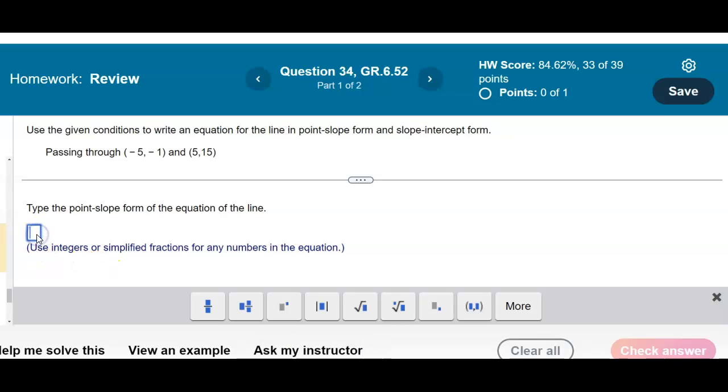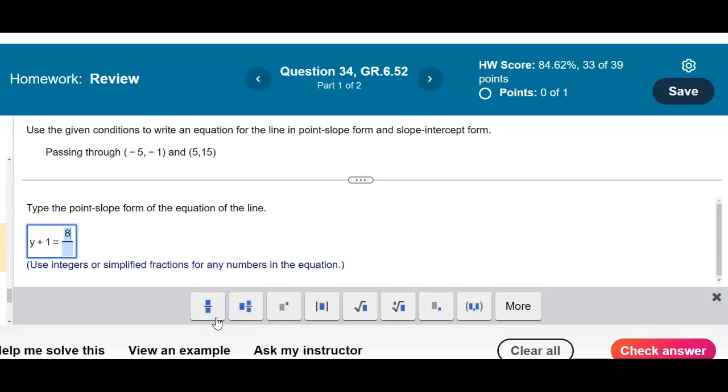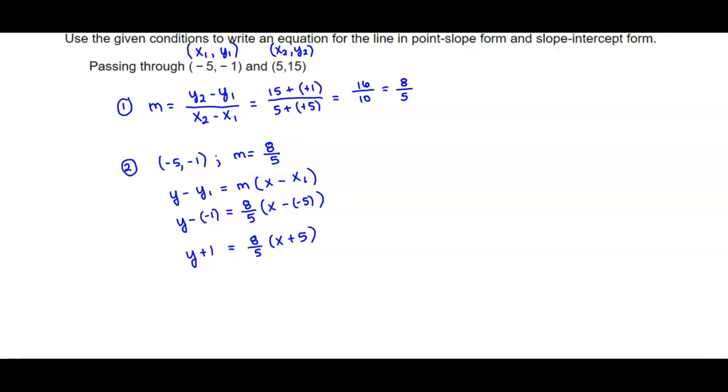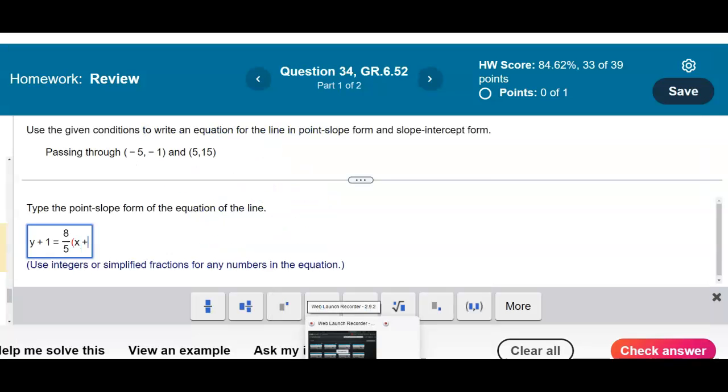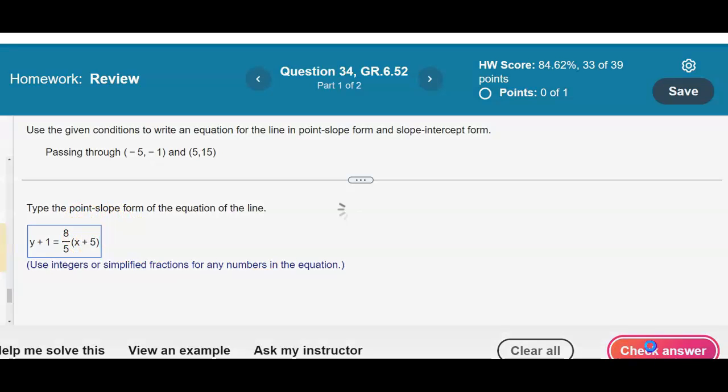So we have y plus 1 equal to the slope 8 over 5, parentheses, x plus 5. And again, this is the point-slope form.